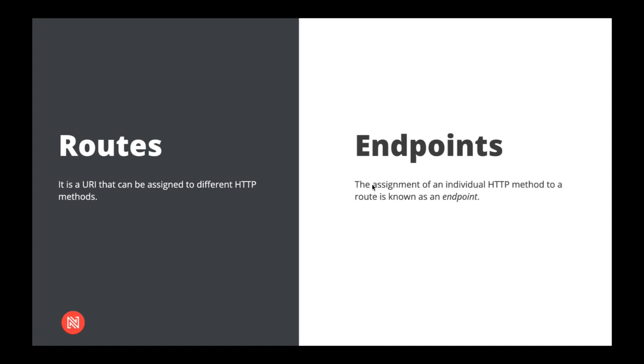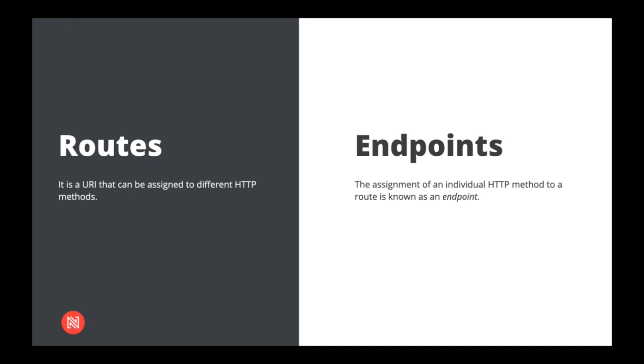When we're going to work with REST API, we need to work with routes and endpoints. What is a route? It is a URI that can be assigned to different HTTP methods, and the assignment of an individual HTTP method to a route is known as an endpoint.